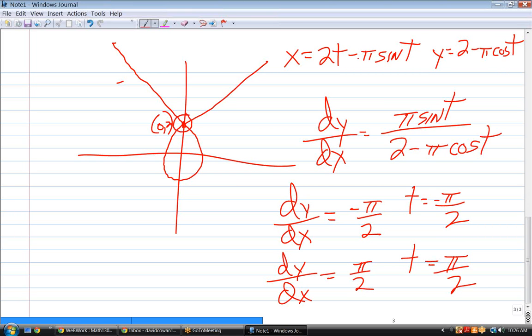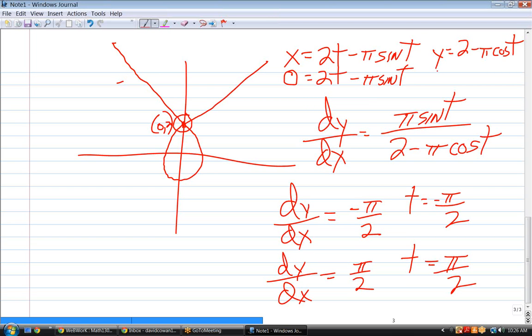So you plug in 2 for x and solved it. In other words, when x equals 0, 2t minus pi sine t has to equal 0. And that happens when t is, and y is 2.